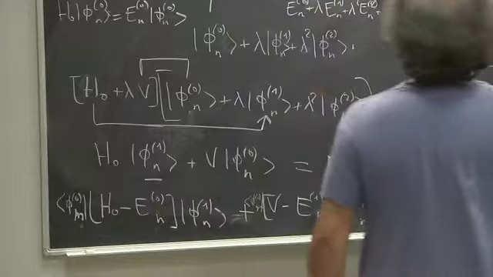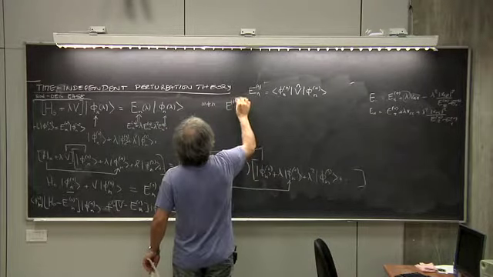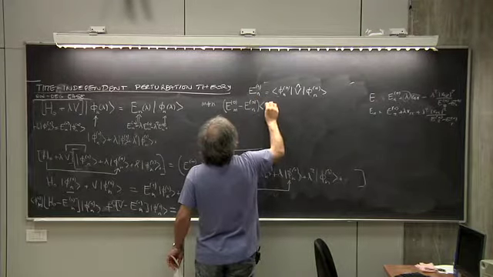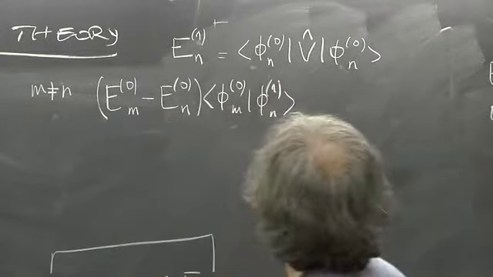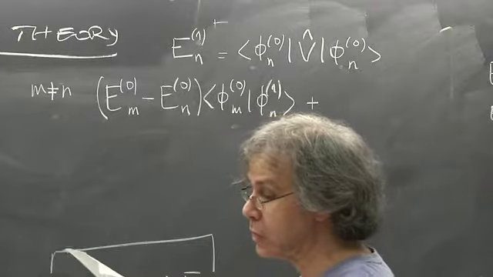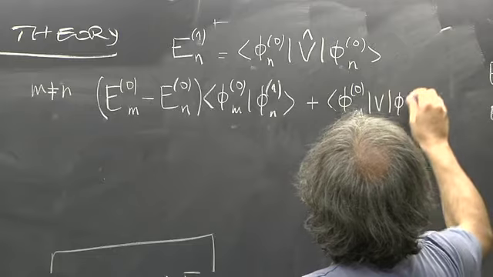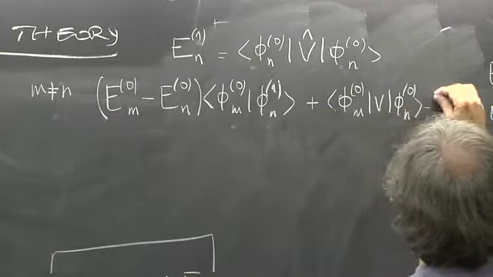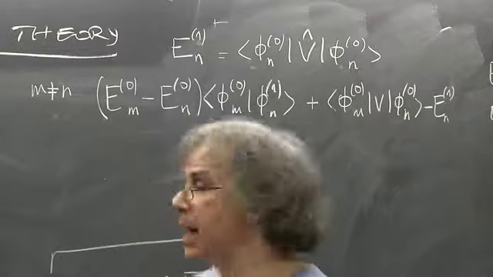So I can just rewrite now that for m different from n, I do have that E0m minus E0n times the m component of the first correction state, plus phi 0m V phi 0n, from here, minus E1n times a delta of n and m.